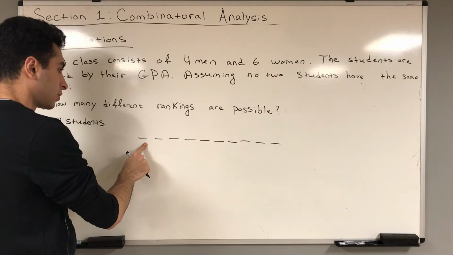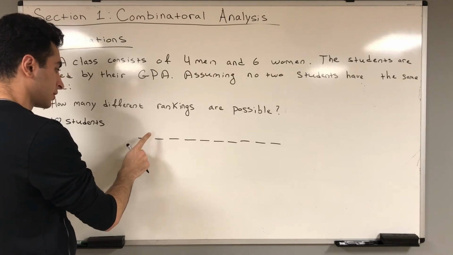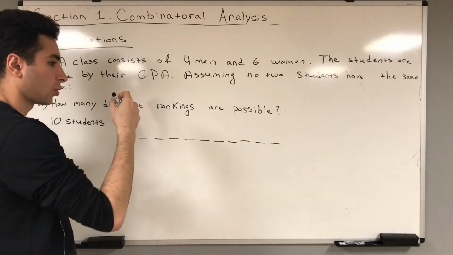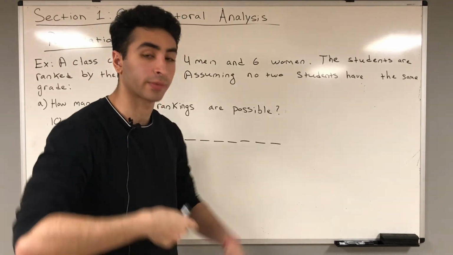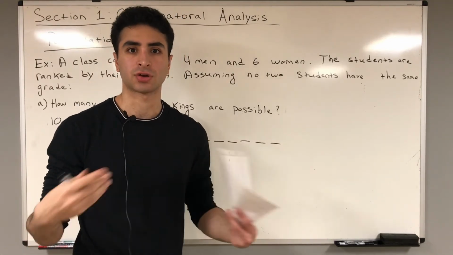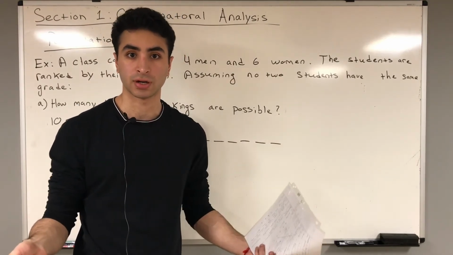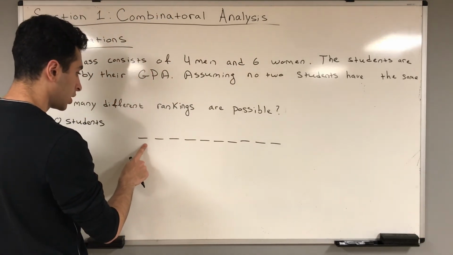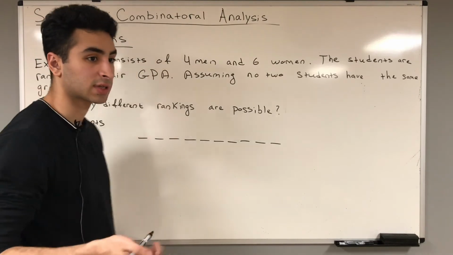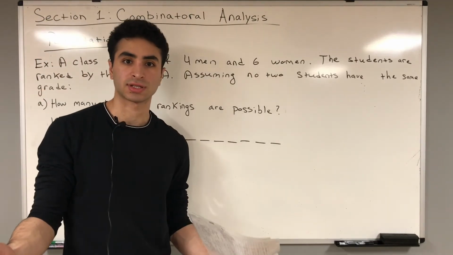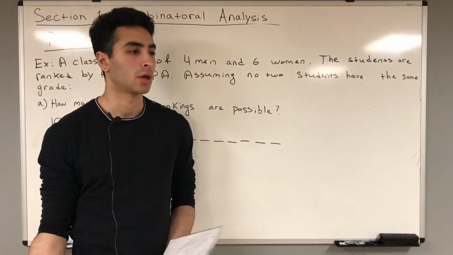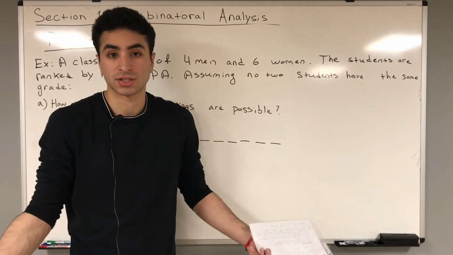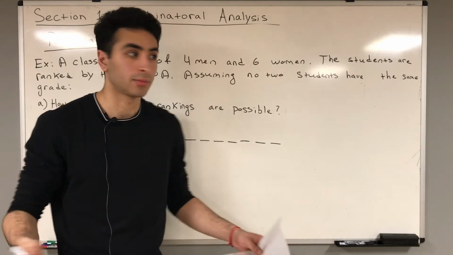So over here we have an experiment, right? This is our experiment 1. We're choosing a student from the 10 students who have a certain GPA, right? So we want someone here in first place for experiment 1, and how many students can we choose from the 10 students that has the highest GPA? Well, we have 10 students to choose from, right? It could be any of them.